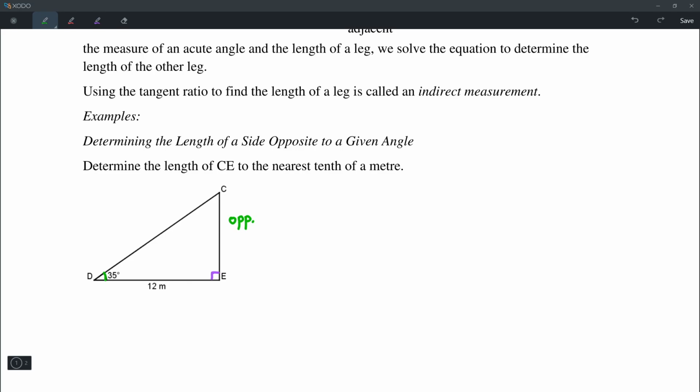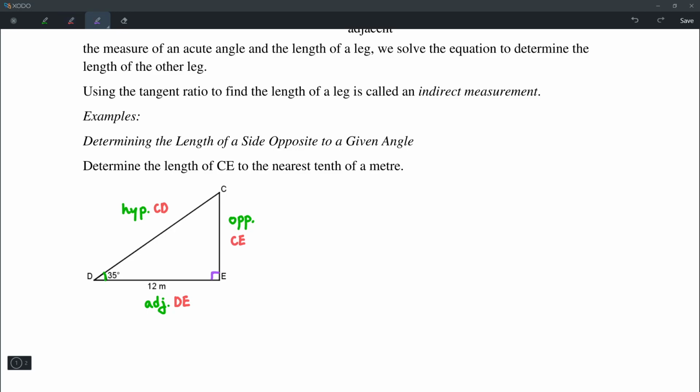The side DE, 12 meters, is the adjacent side. And the side CD is the hypotenuse. So once again, this is CE, the opposite side, DE, the adjacent side, and CD, the hypotenuse.